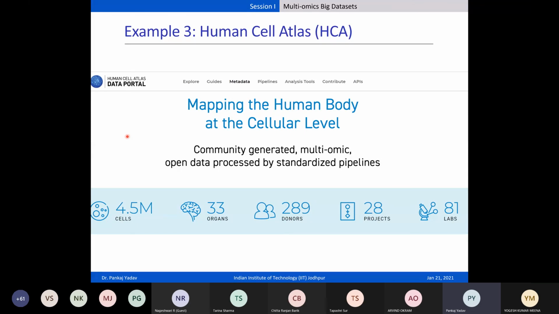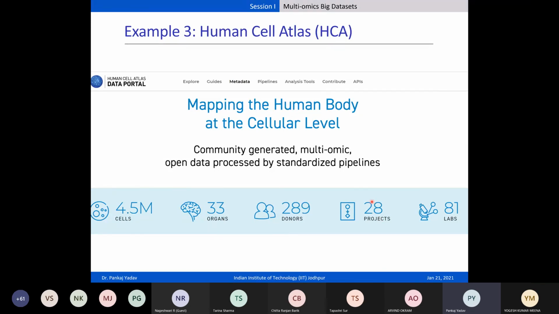They have data on about 4.5 million cells now, coming from 33 organs in humans, and so far only around 289 donors have been enrolled and their data collected. But if you look at the cellular level, even the data from 10 samples will be really huge, because you have millions of cells to analyze, right?